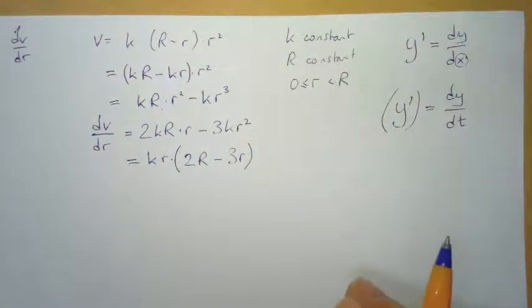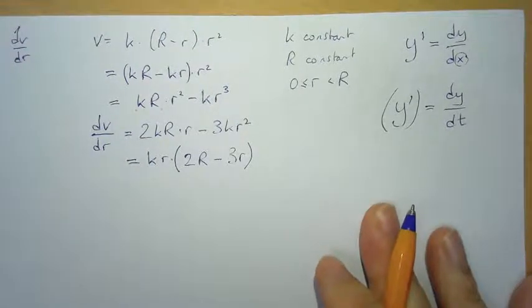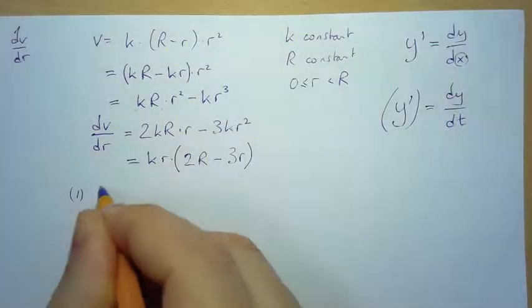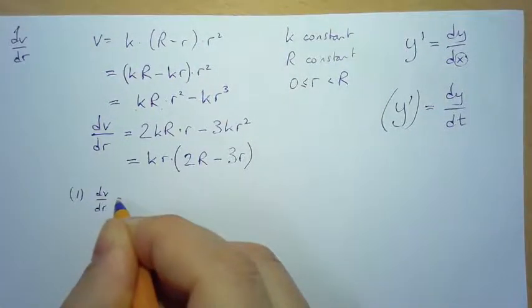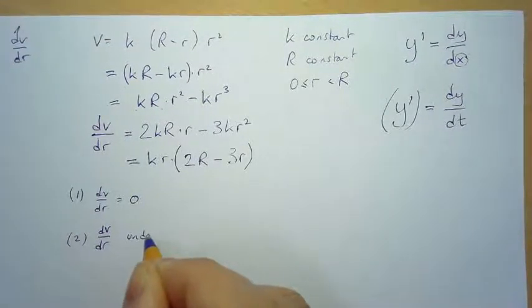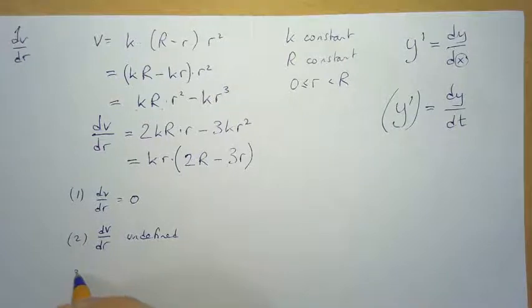So we want to find our candidates: for what values of r is dv/dr equal to 0, for what values of r is dv/dr undefined, and if there are any, what are the endpoints.